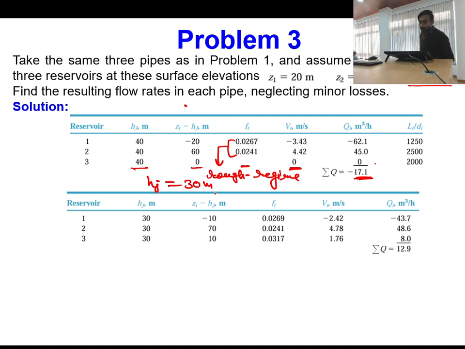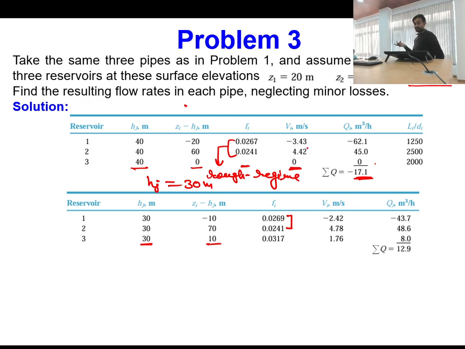Now there is a slight difference in the next iteration. First step is the same: I assumed a smaller value and calculated Zi minus Hj. But for the first two pipes, from the previous iteration I already have some velocity data known.